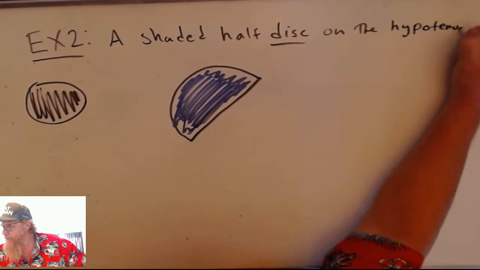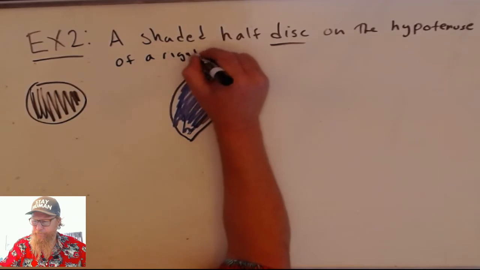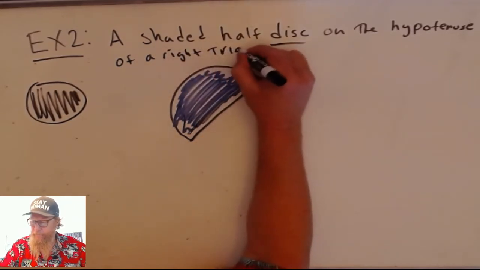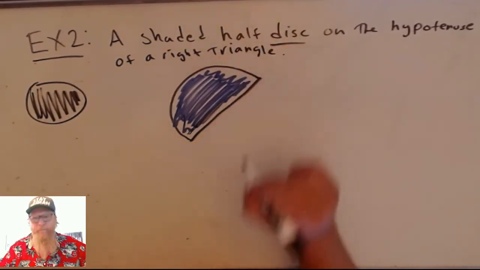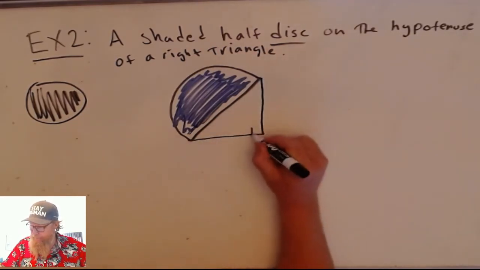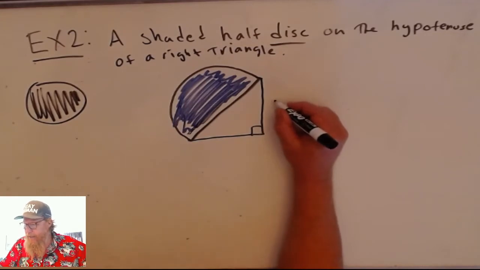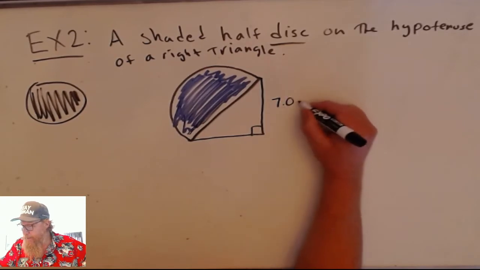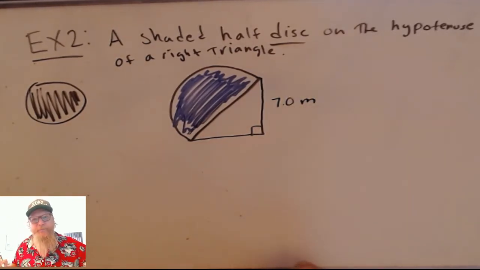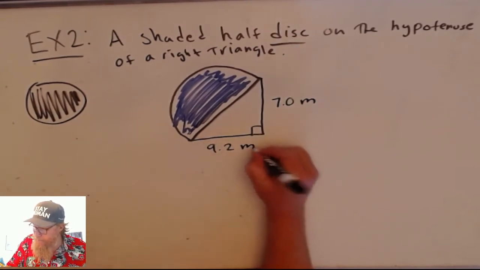The length of the A side is 7.0 meters, and the length of the base is 9.2 meters.